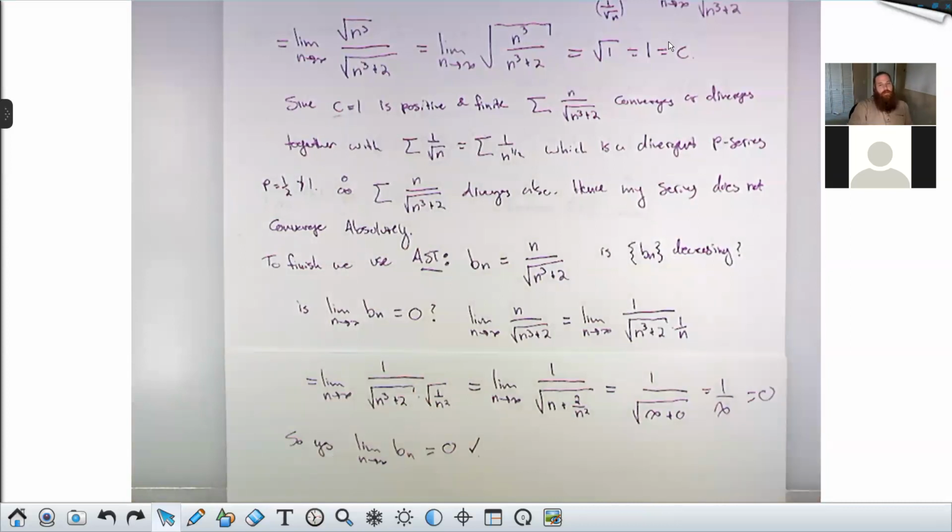But are they decreasing? And the decreasing is important. I don't want to do it. I really don't, but we have to. So the move here is going to be to take the derivative of the corresponding function.